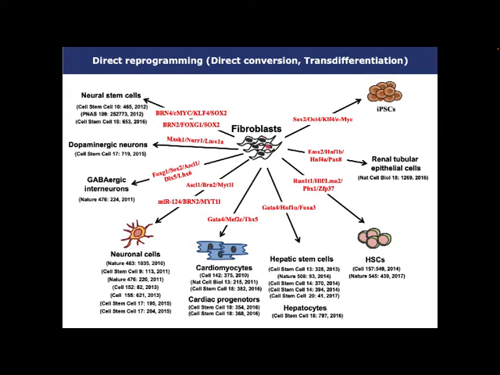Ordinarily, we can also reprogram fibroblasts toward the induced pluripotent stem cell by OSKM factors. So many groups are studying direct conversion using various transcription factors or epigenetic modulators to specify cell types.